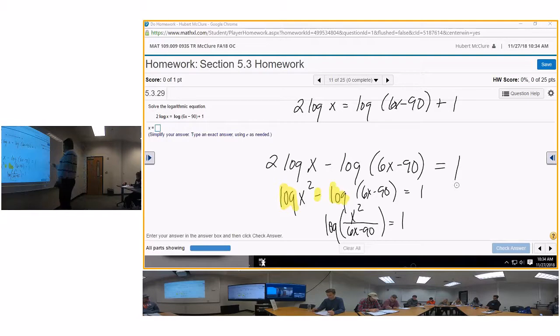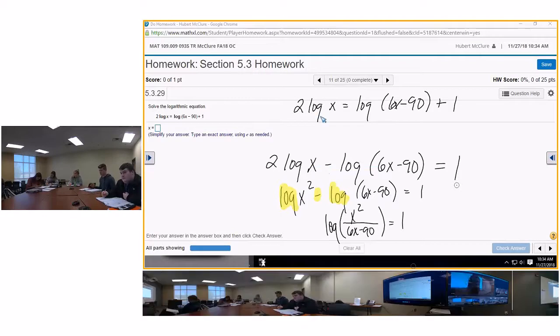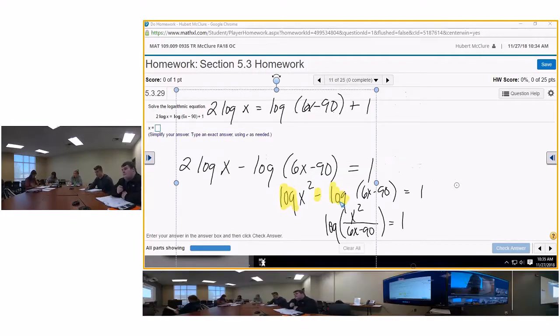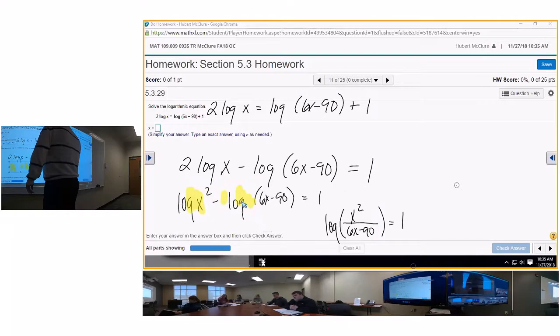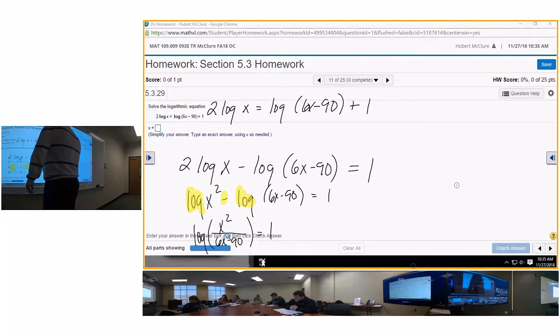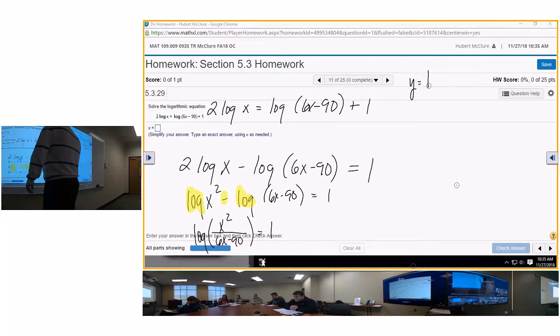So we'll take this over here. And take this over here. And take this over here. And what do we got? Well, we got y is equal to log base a of x, and that's going to yield a to the y is equal to x.